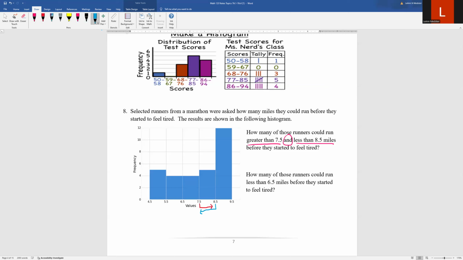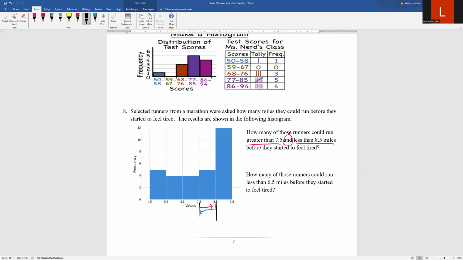So essentially we're stuck at this 1 bar. If we go bigger than that, we will violate the second condition. If we go less than 7.5, we'd be violating the greater than 7.5 condition. So it's just this 1 bar between 7.5 and less than 8.5.